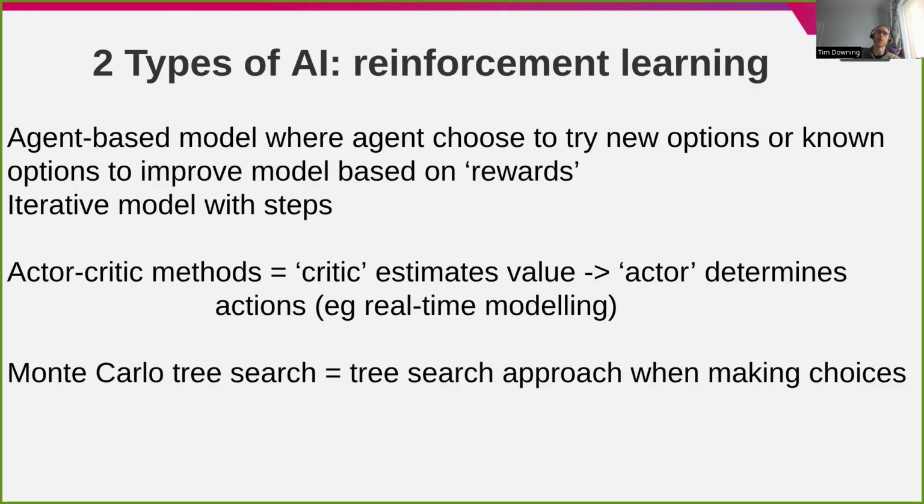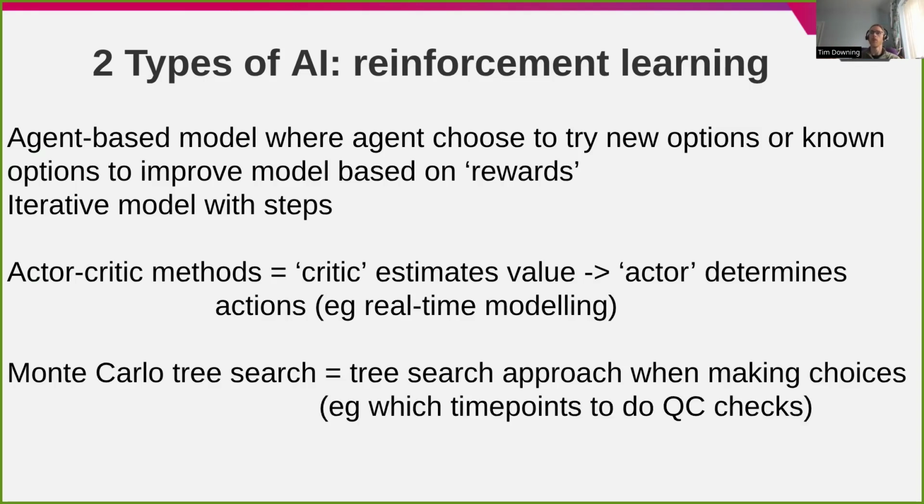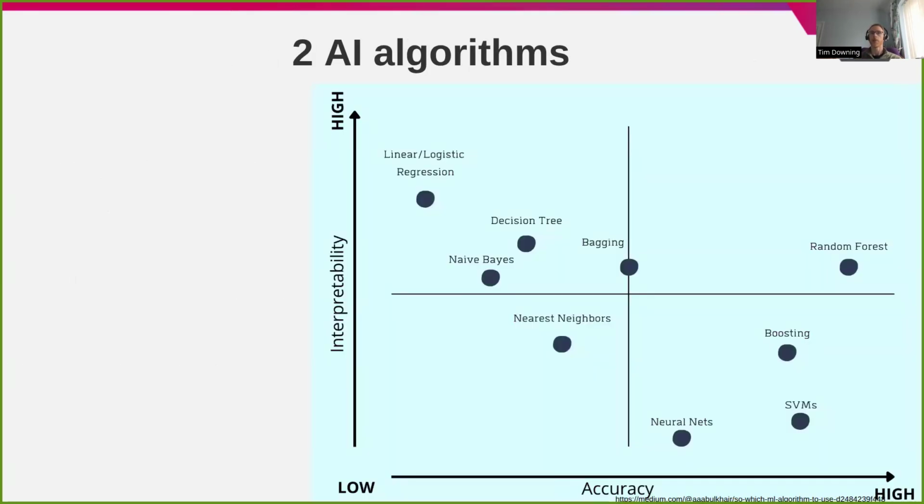There are also other options within that, like Monte Carlo tree search, which is a tree search approach. For example, you might want to identify the optimal time points at which to do quality control checks in a particular experiment. And there are many others there.